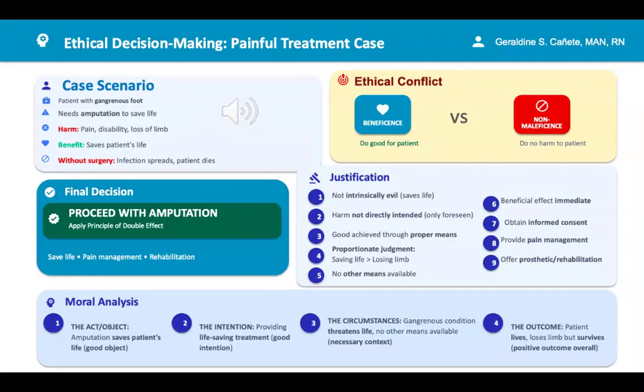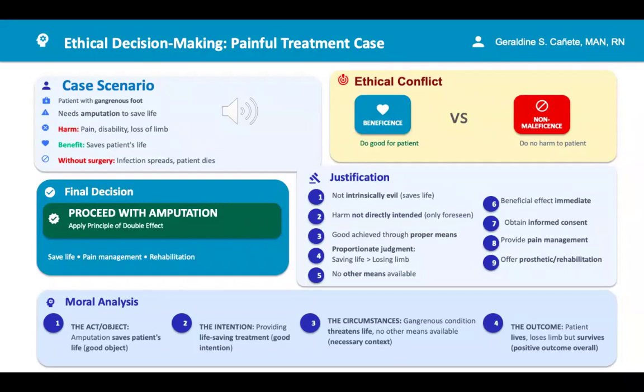The act of amputation is not inherently wrong because it is intended to save the patient's life. Okay? Also, the harm, which is the pain and the disability, is not the goal of the action. It's an unavoidable side effect, but it is a harm not directly intended.